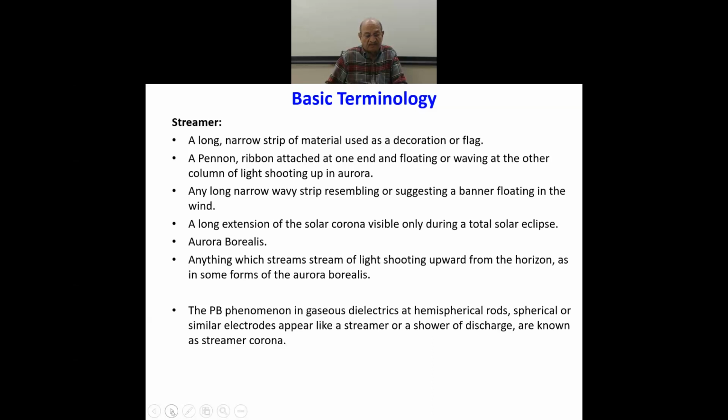The streamer is very often used. Once again, it is very easy to understand in gaseous dielectrics. The word streamer, if you look at the dictionary, is a long, narrow strip of material used as a decoration or flag.